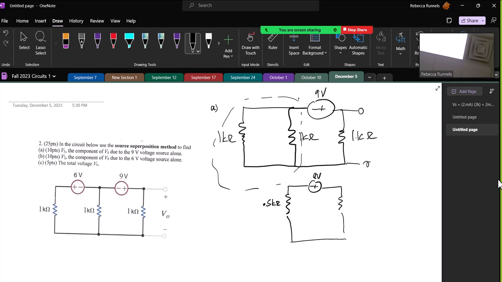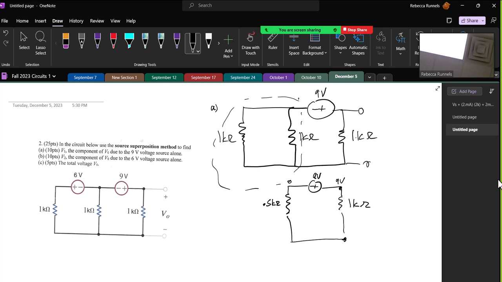And now this is 1 kiloohm, and we're looking for the voltage right here. We can do voltage division. So we know that on this side of the voltage source we're at 9 volts, and the other side is 9 volts less than that.